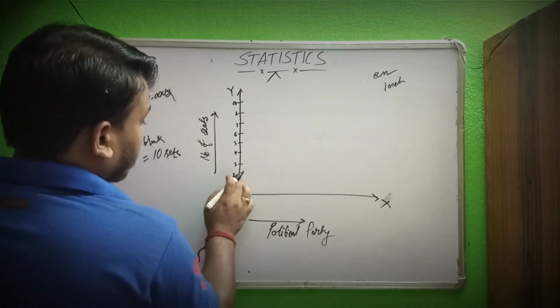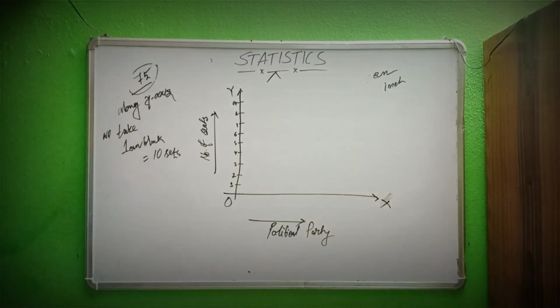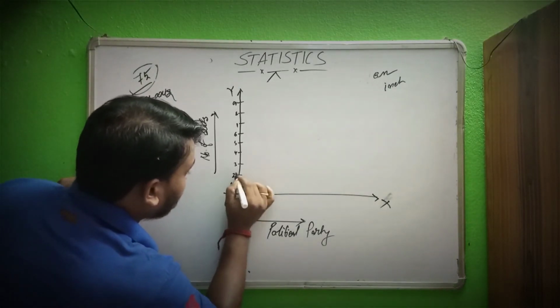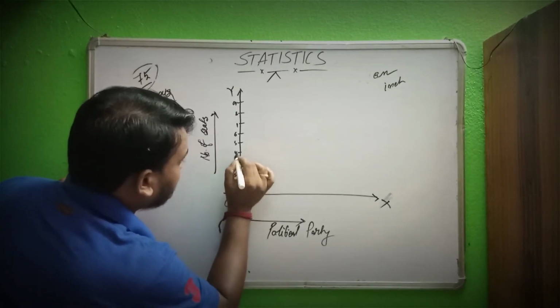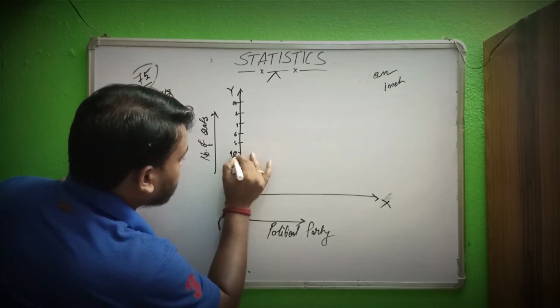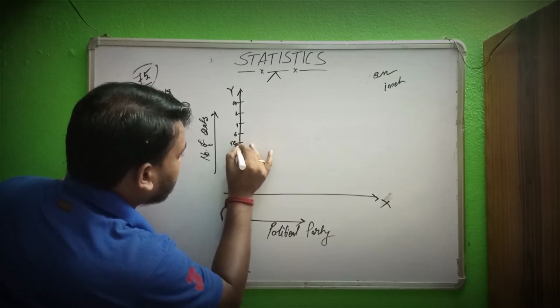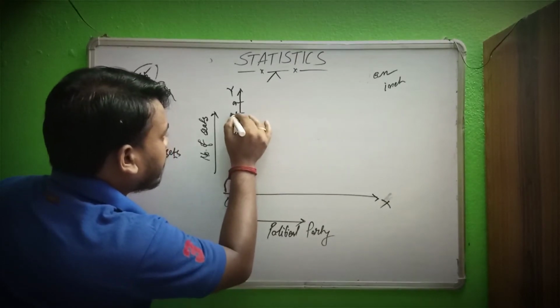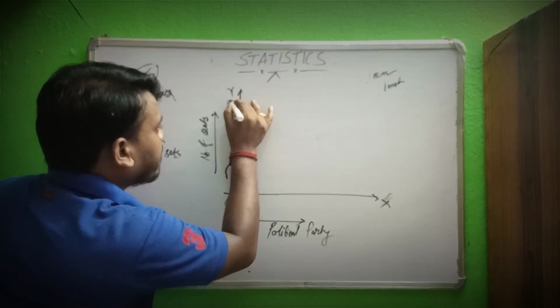Okay, so it is 10, 20, 30 in this way. Or you can write here 10, 20, 30, 40, 50, 60, 70, 80, 90.